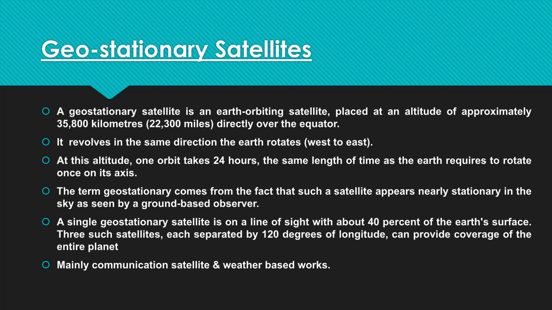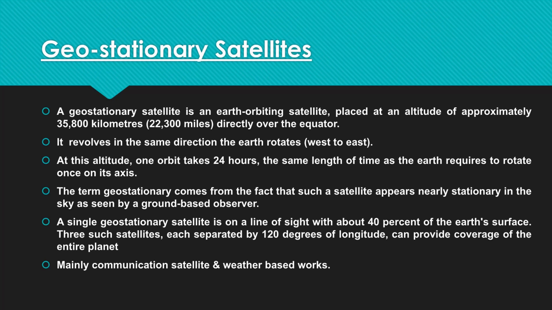But as you all know, this is not true. Satellites always keep on orbiting the Earth. So it is not possible that any particular satellite is stable or stationed at a particular point. But now the question is, why is it then known as a geostationary satellite?